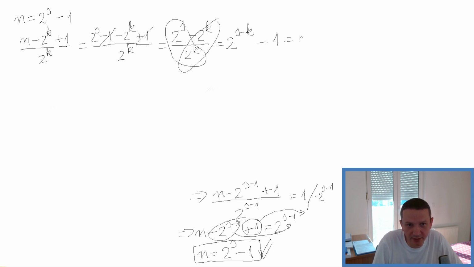So this is actually indeed odd if this one is even, and this is even if s minus k is greater than 0.